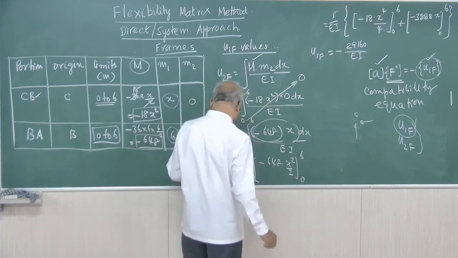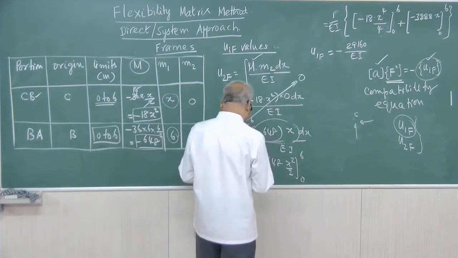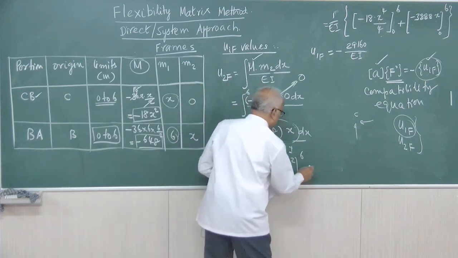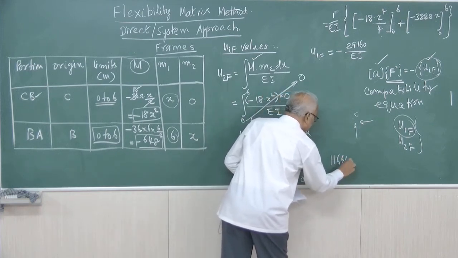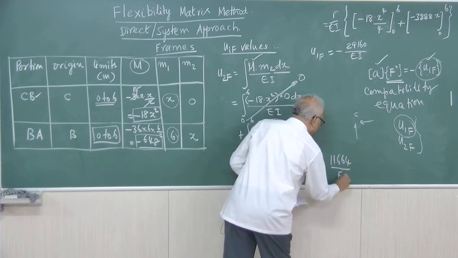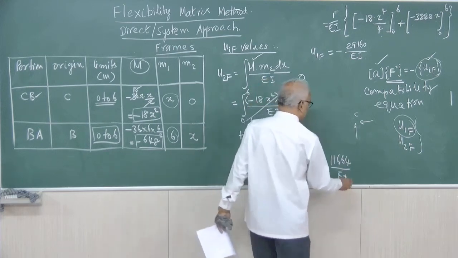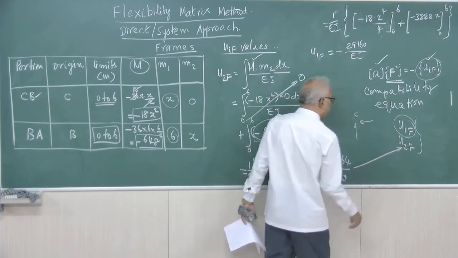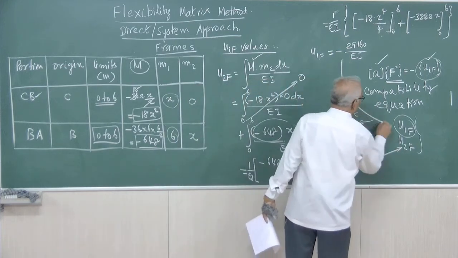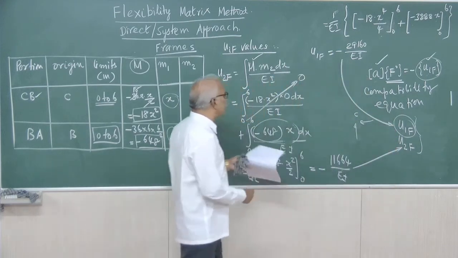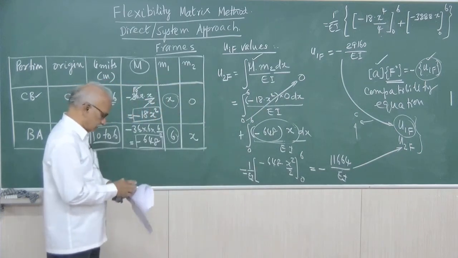On simplification, this value equals minus 11,664 by EI. That is about the right hand side. So we have got U1F and U2F.